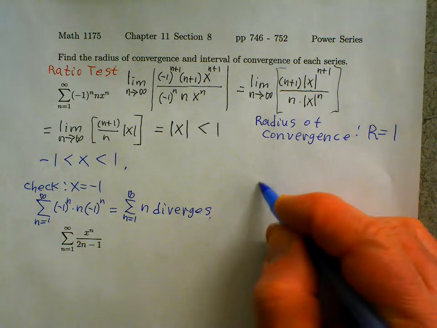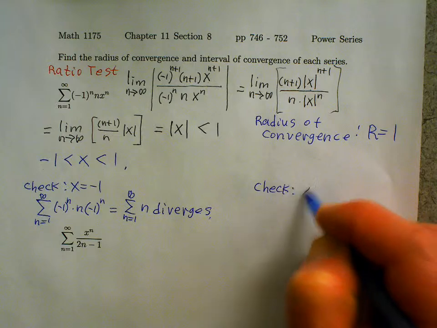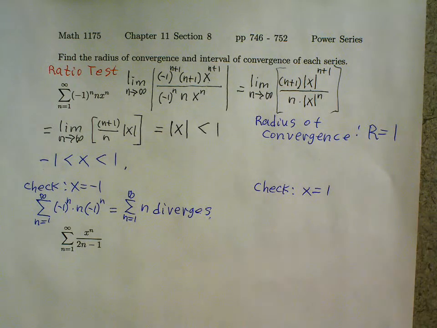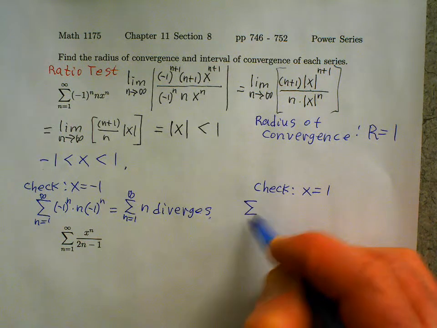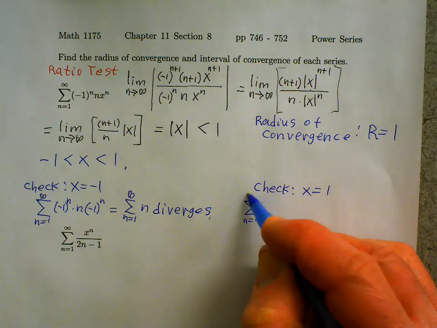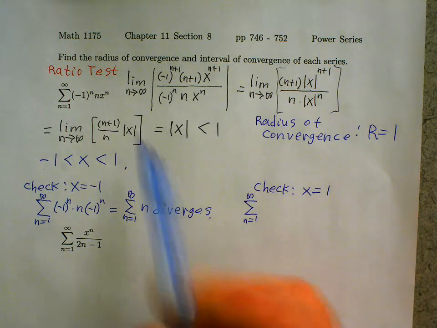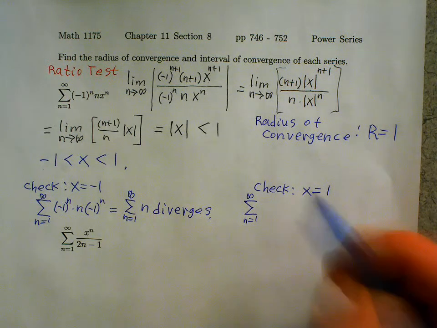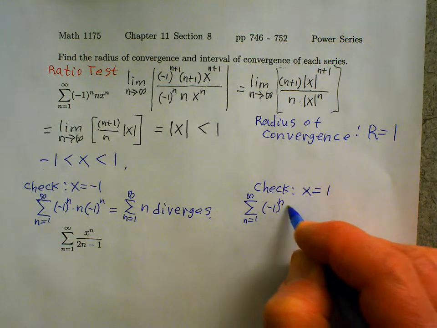Check the other endpoint. Check x equals +1. So this time, when x is +1, 1 to the n is just 1. So we just have (-1) to the n times n.